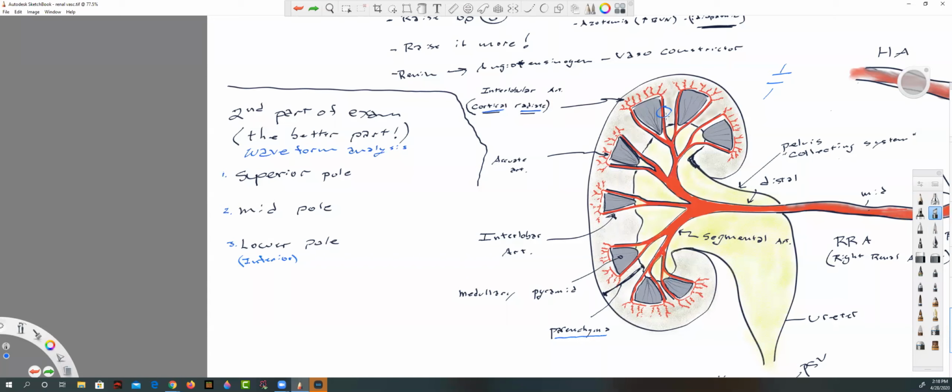So interlobar artery, we'll do, that's your superior pole or upper, sometimes we say upper, really all the same difference. Superior pole, upper pole, mid pole. Once again, we'll do an interlobar artery, because that is probably what you're looking at. If you're in the parenchyma, you're probably looking at interlobar arteries.